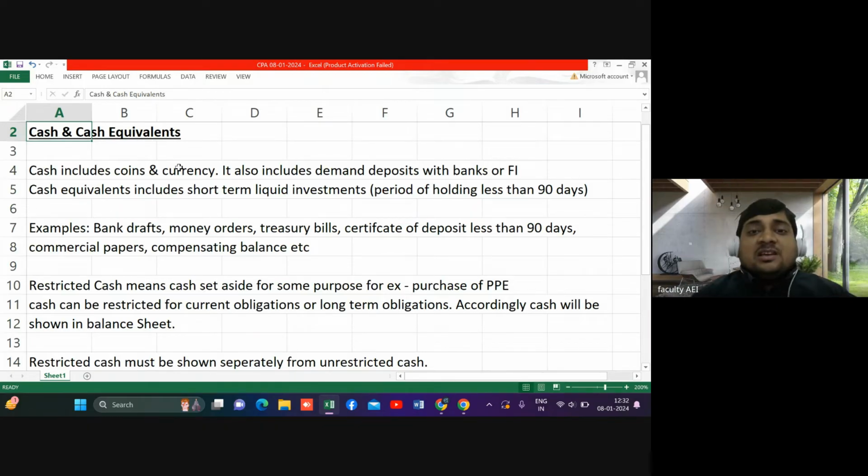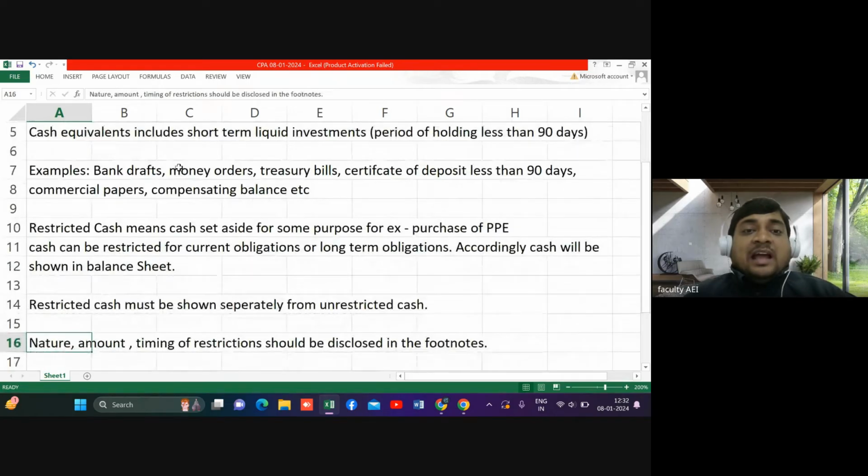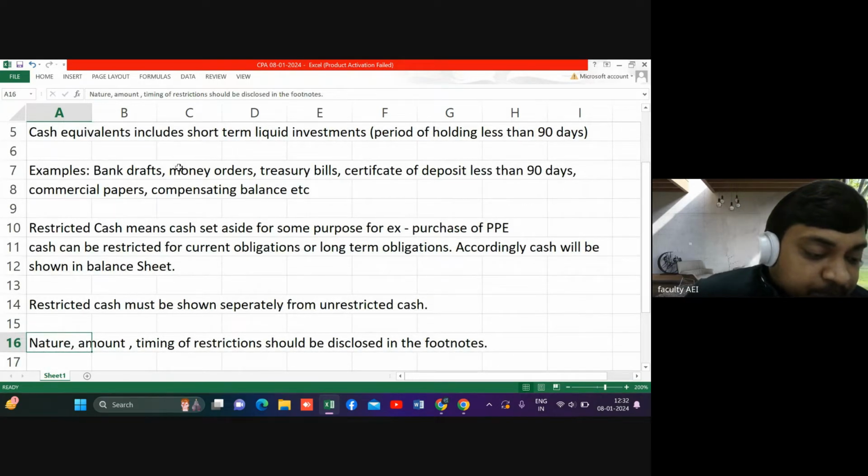Whatever may be the case, we need to show it separately from unrestricted cash in the balance sheet. Further, the nature, amount, and timing of restriction should be disclosed in the footnotes. Okay. So this is the definition of cash and cash equivalent.